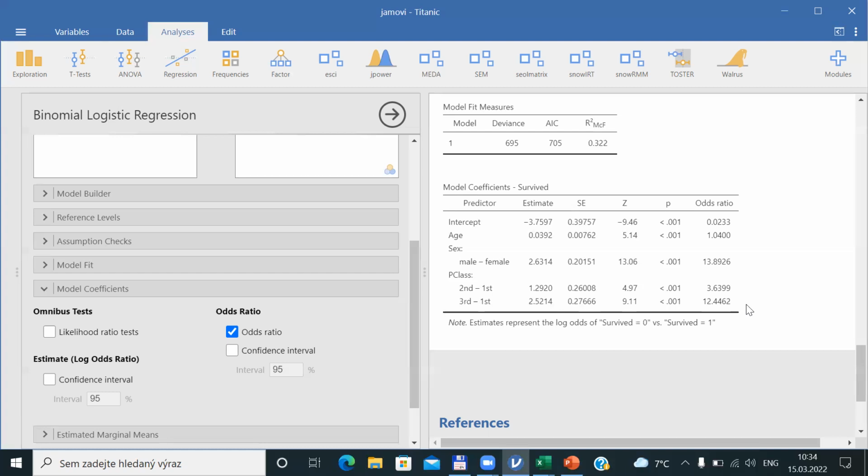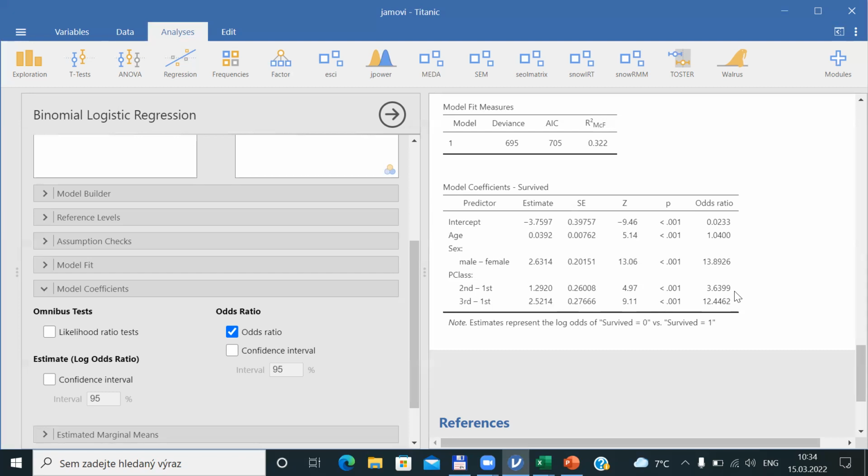Okay, my question, which is related to this result, is very easy, straightforward. Here I'm comparing second and first, third and first. What would be the ratio for third and the second? Can somebody help me and compute it? Without recomputation in jamovi. 12 divided by 3.6. Yeah, definitely, you're right.